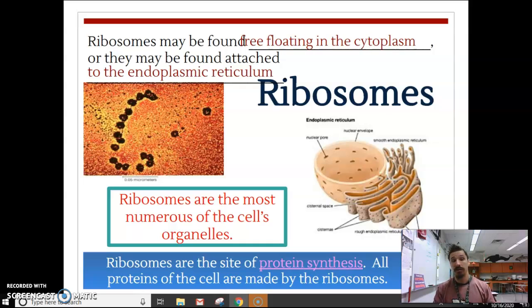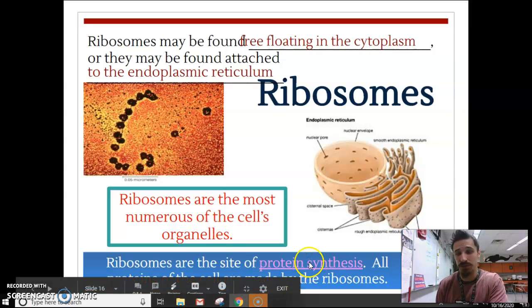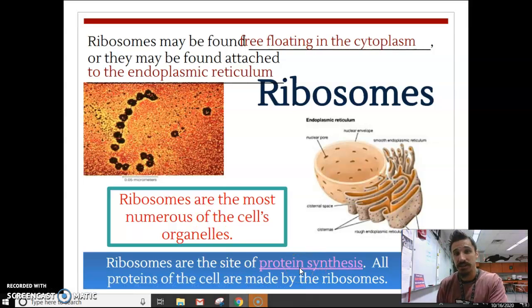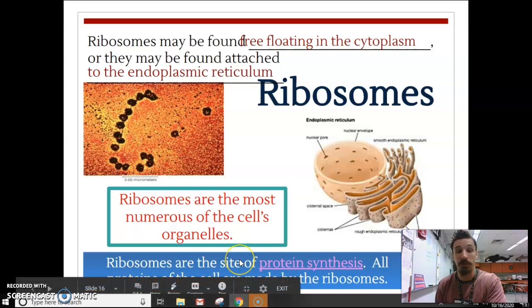So that makes total sense as to why there are so many, because remember, proteins do everything for the cell. So there has to be a bunch of proteins, so there must be a bunch of ribosomes to make them. So ribosomes are the site of protein synthesis. And if you're getting confused on this word synthesis, synthesis just means to make. All right, so ribosomes are the place where proteins are made.